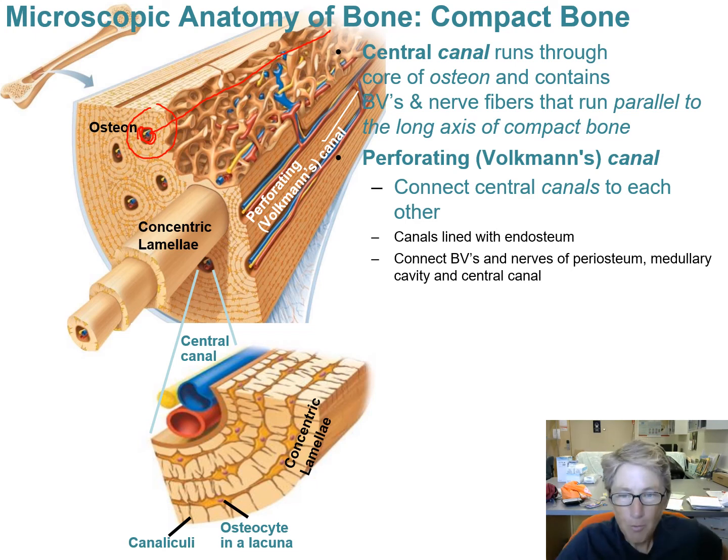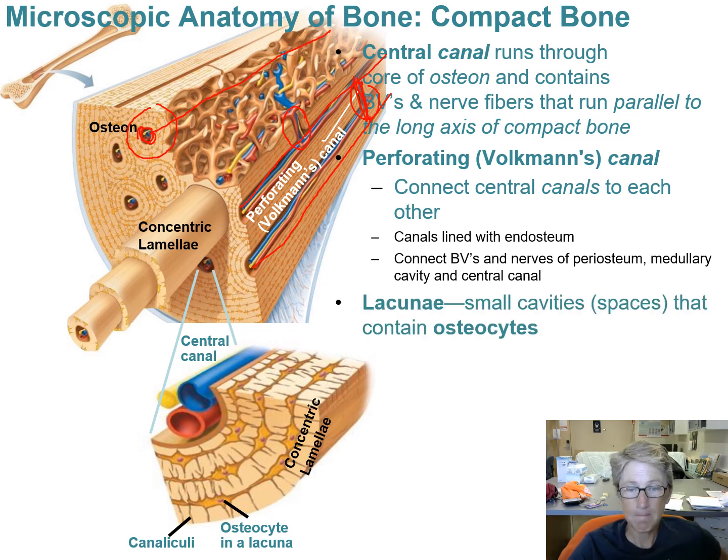So the perforating, or Volkmann's canal, here's a perforating canal, here's a perforating canal. Perforating canals just connect central canals to each other. So here's one central canal, here's another central canal, and here's a perforating canal connecting the two.